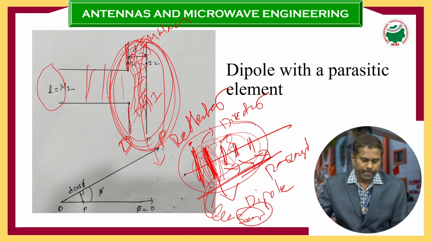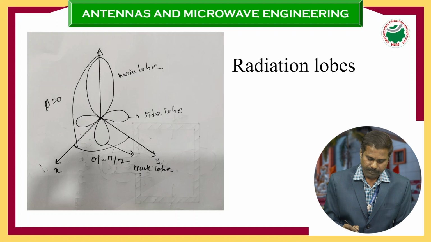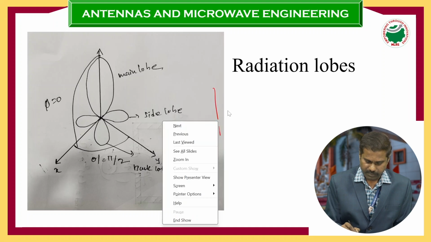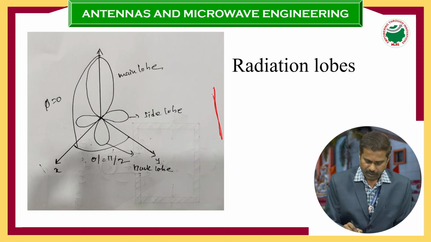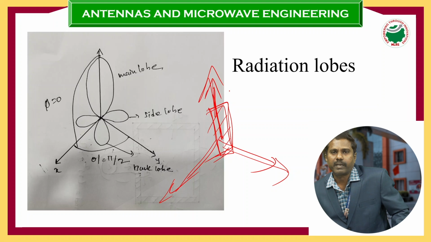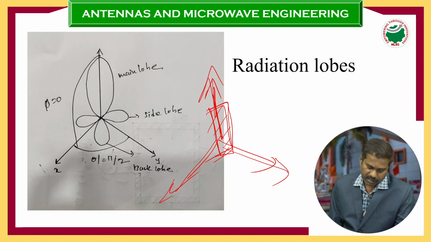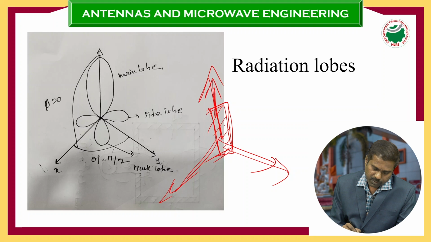The next one is the radiation lobes. How is the radiation distributed? Suppose we have a three-dimensional space, with one antenna placed centrally, or we can say a spherical coordinate system.